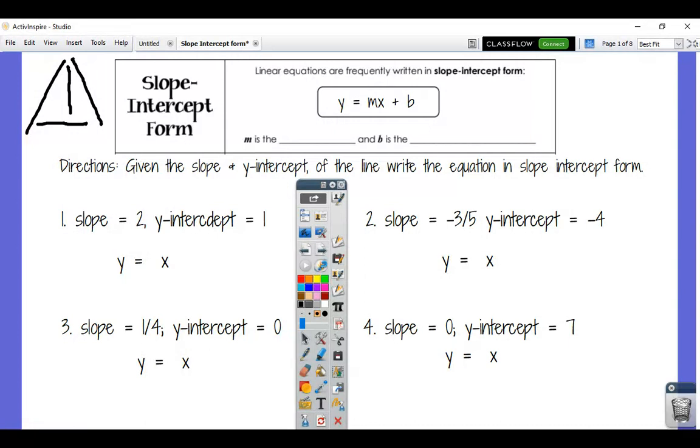What do the letters actually stand for? Well, m stands for my slope. Slope, aka my rise over run, or my change in y all over my change in x. Well, what does b stand for? b stands for my y-intercept.